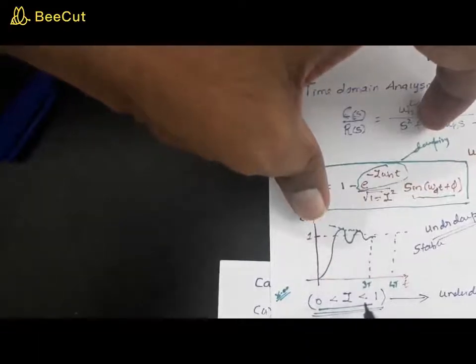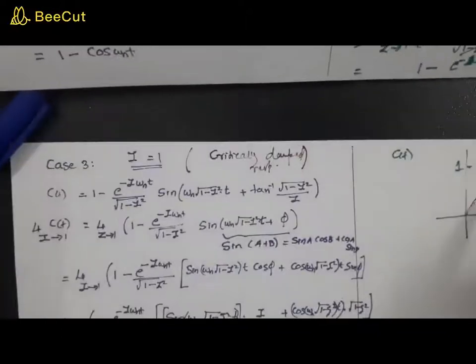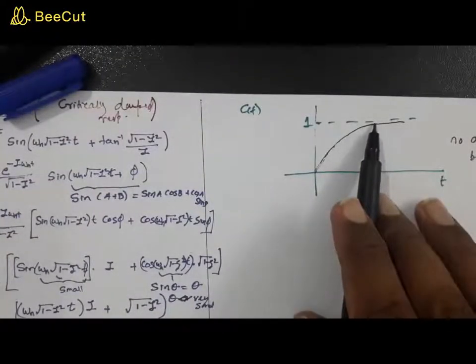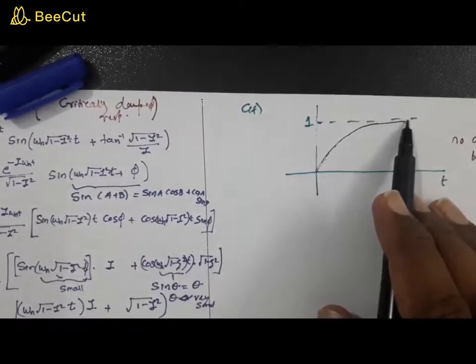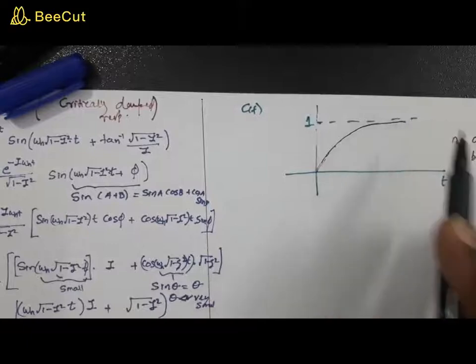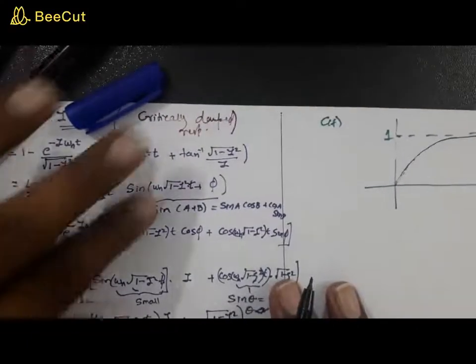For theta between 0 and 1 there is oscillation, and when theta equals 1, the whole oscillation suddenly vanishes from the output. That means there is no oscillation. So this is called a critically damped response.